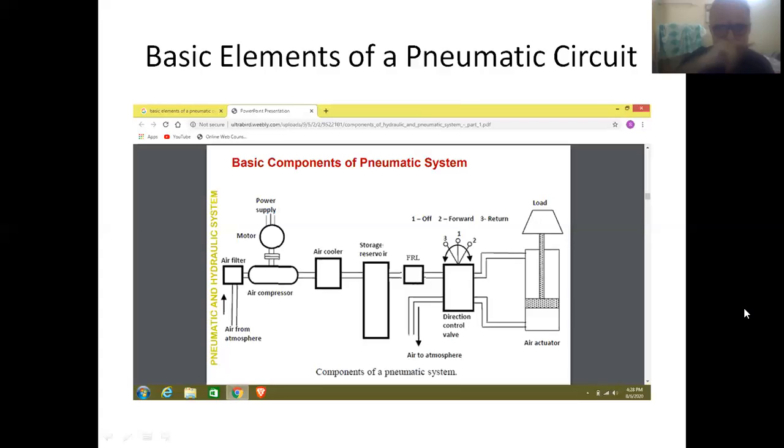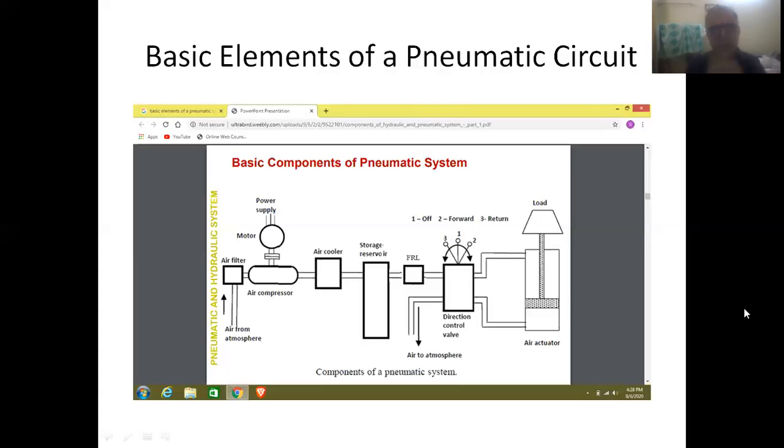And secondly, in the first position, the inlet will be in contact with the first outlet, and the second outlet will be in contact with the exhaust. On the other hand, in the second position, the inlet will be in contact with the second outlet, and the first outlet will be in contact with the exhaust of the DC valve.